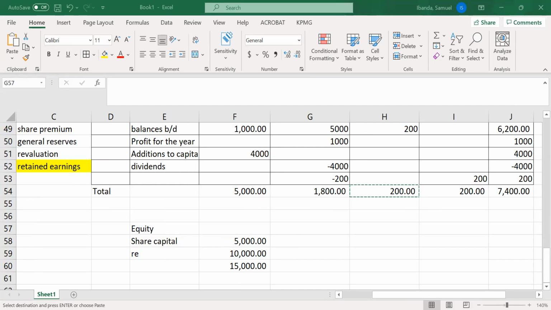Can anyone tell us which year they set revaluation or realization?